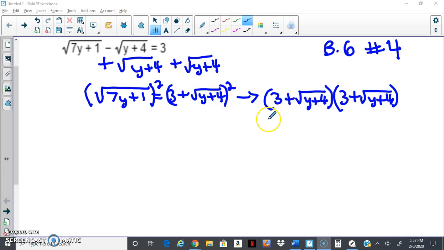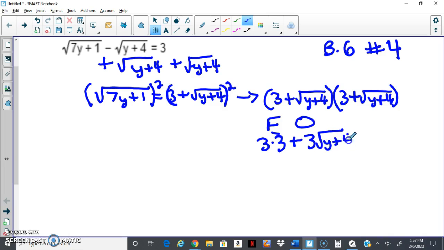Okay? And then I'm going to just FOIL it. So first is 3 times 3. So it's this first one times this first one. O is the outer ones. So 3 root y plus 4.